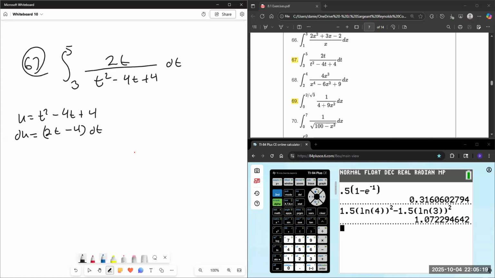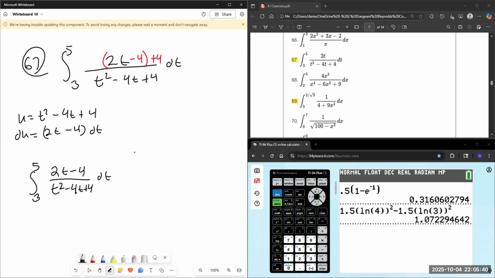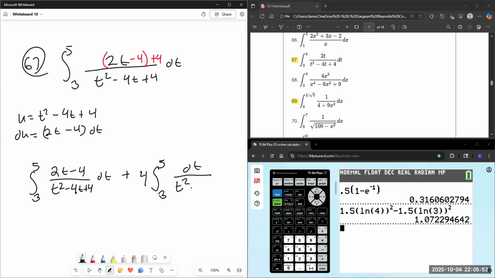So I'm going to subtract 4 and add 4. That's going to give me two integrals, 3 to 5, 2t minus 4 over t squared minus 4t plus 4 dt, plus 4 integral 3 to 5 of dt over t squared minus 4t plus 4.